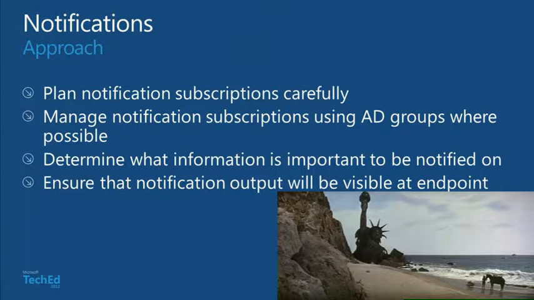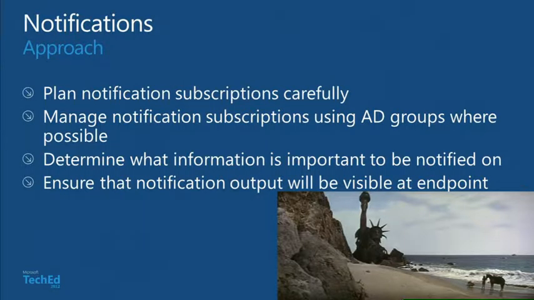Now, in the same way that we structured the user roles for alert and for console access, you can use the notification subscriptions and create subscriber groups based on your Active Directory group. So you don't necessarily want to decouple how it is that you're managing your processes in the environment.